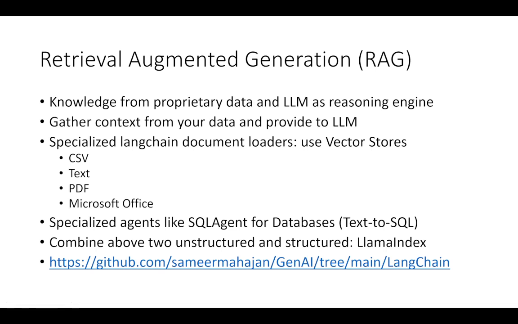Now there are specialized LangChain document loaders to work with different types of documents, and they typically use a technology called vector store. If you go to the LangChain document loader page, you'll see a lot of them, probably 30-40. But the most important ones are CSV, text, PDF, Microsoft Office.